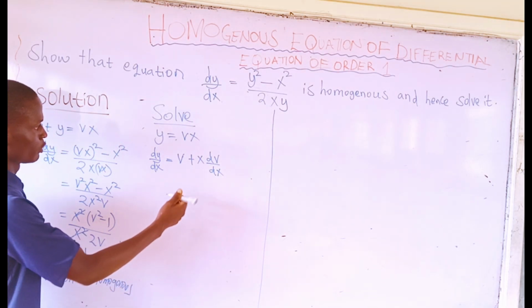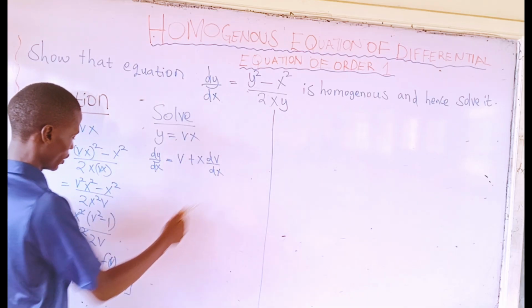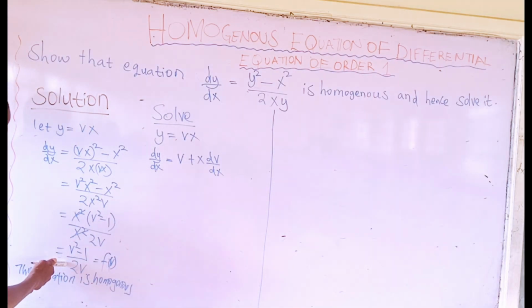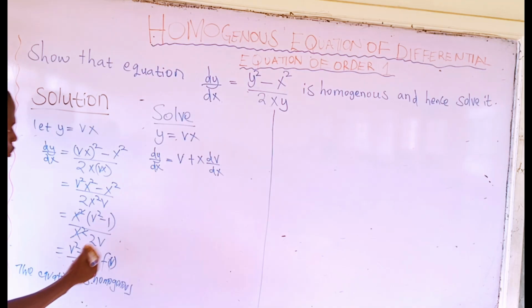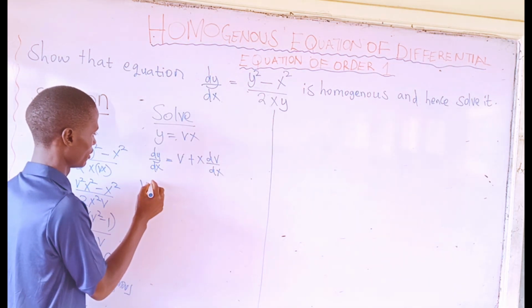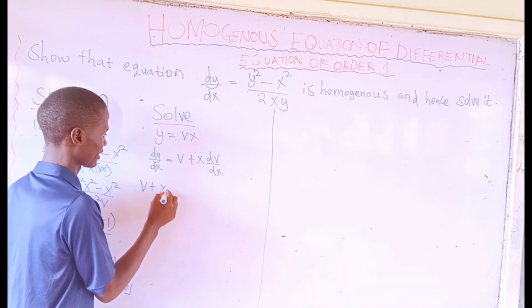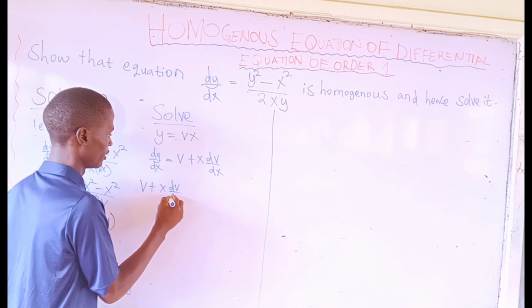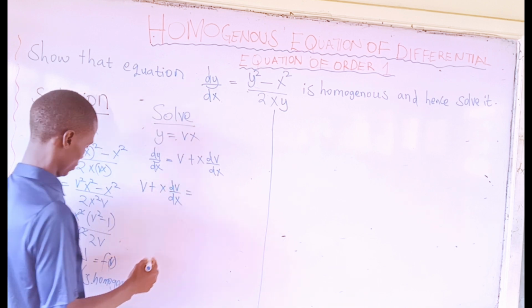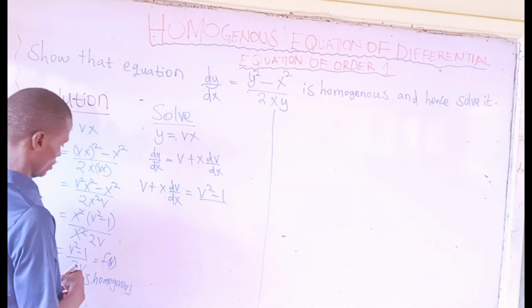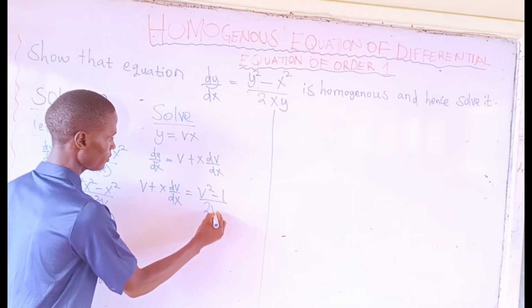From here, we're going to compare this with the homogeneous equation in terms of v, which will give you v plus x dv over dx is equal to v squared minus 1 over 2v.